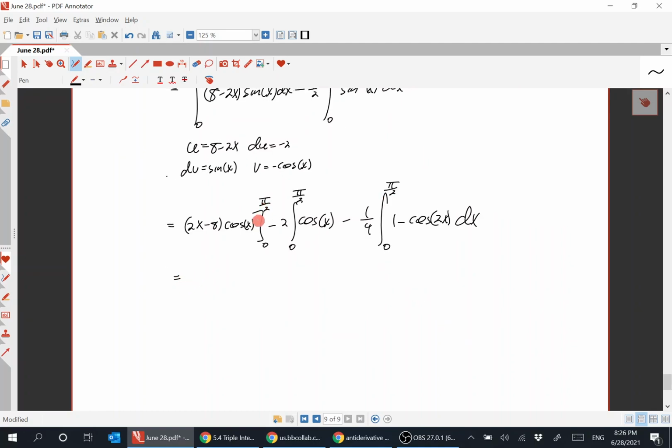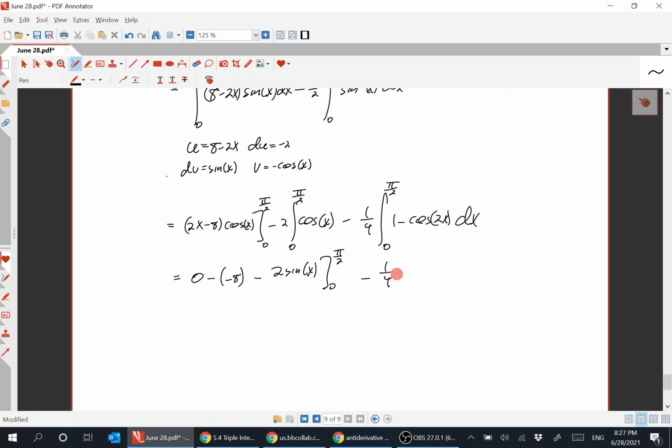So at pi over 2 here, this is pi minus 8 times cosine of pi over 2, which is 0. Minus, at 0, this is minus 8 times 1, so minus 8. Then 2 sine x from 0 to pi over 2.